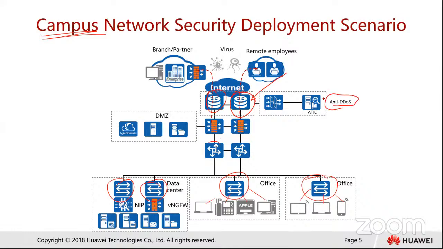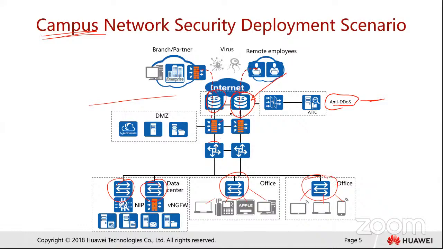It is an anti-distributed denial of service system deployed at our network egress in bypass mode, upstream of the firewall. It helps reduce the firewall's packet processing load, because we don't want our firewall to process everything when we can install this kind of system to help us deal with that.